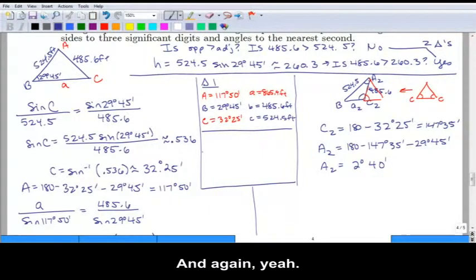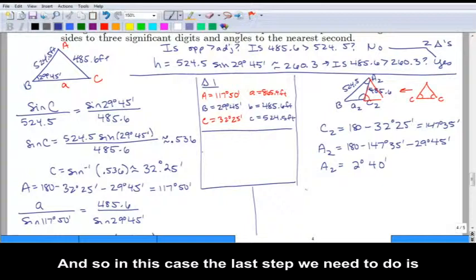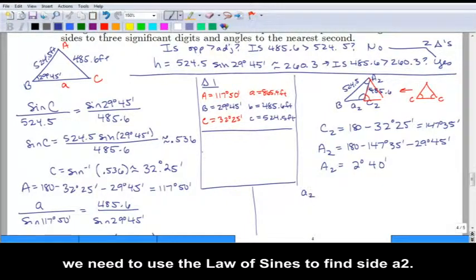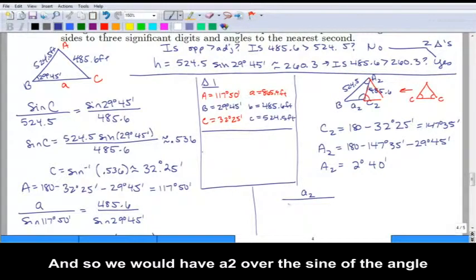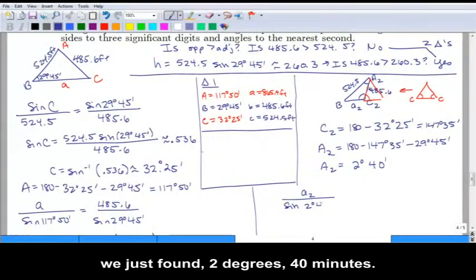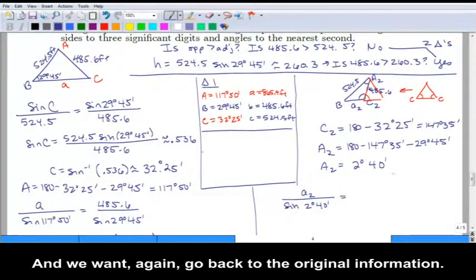And so in this case, the last step we need to do is use the law of sines to find side A2. And so we would have A2 over the sine of the angle we just found, 2 degrees, 40 minutes. And we want to, again, go back to the original information.